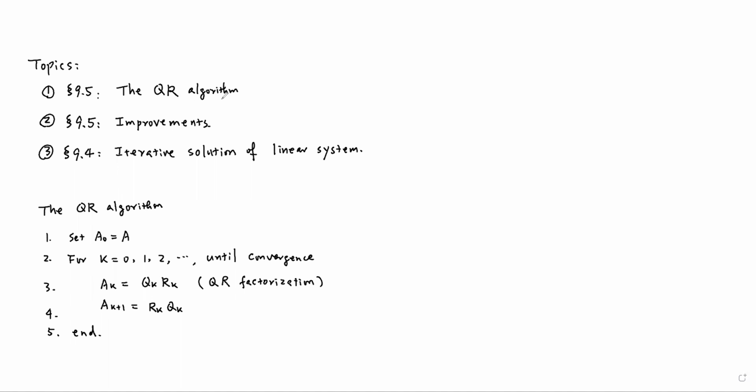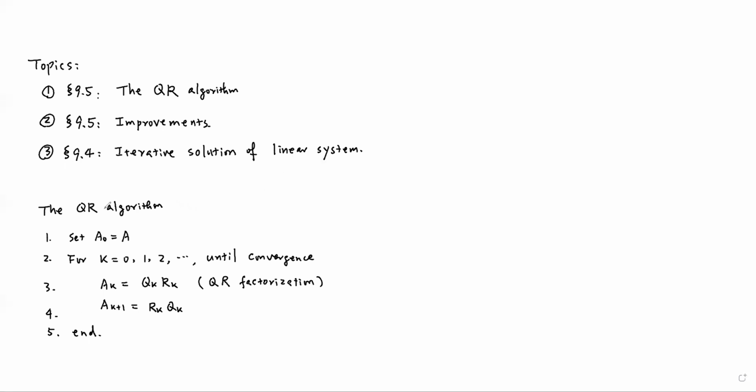Actually, it has many computational problems. In the second topic, I present some improvements on this algorithm. If I still have time, then we turn to section 4 about iterative methods for the solution of linear systems.